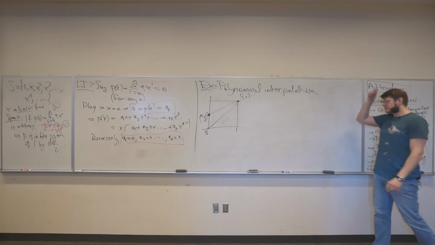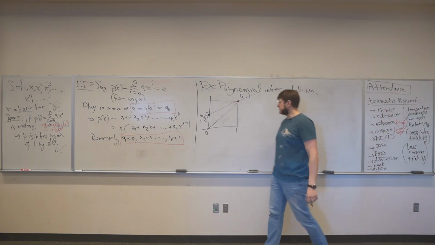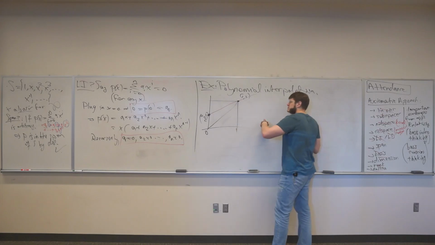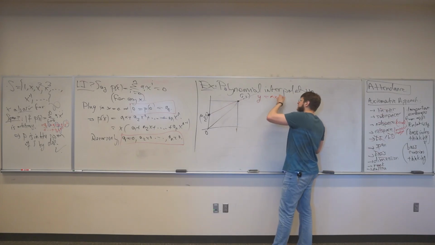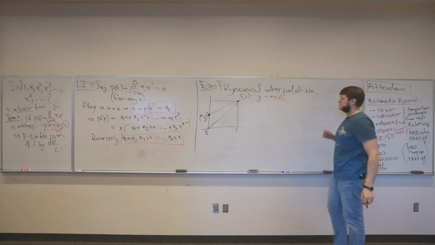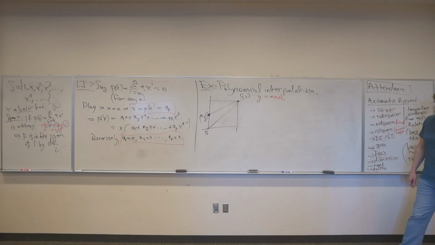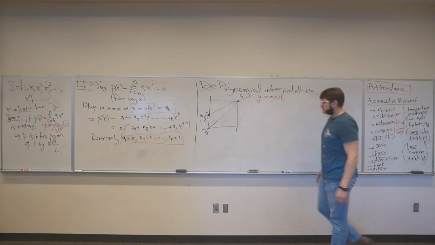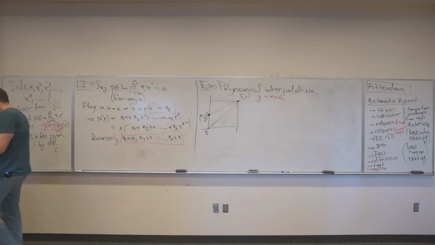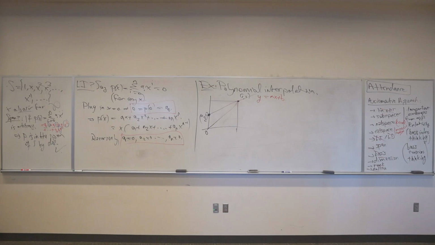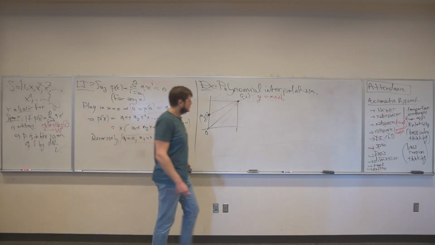How do you find the numbers associated to it? Well, you would say this is y equals mx plus b, where m is the slope and b is the y-intercept. And in a sense, you can think of this as a degree 1 polynomial. So p of x equals mx plus b, if you want.